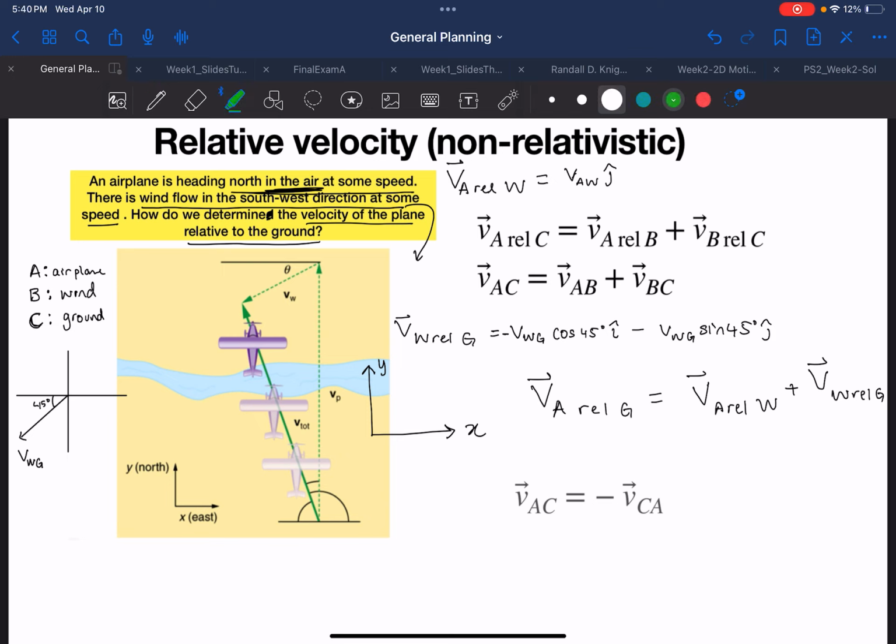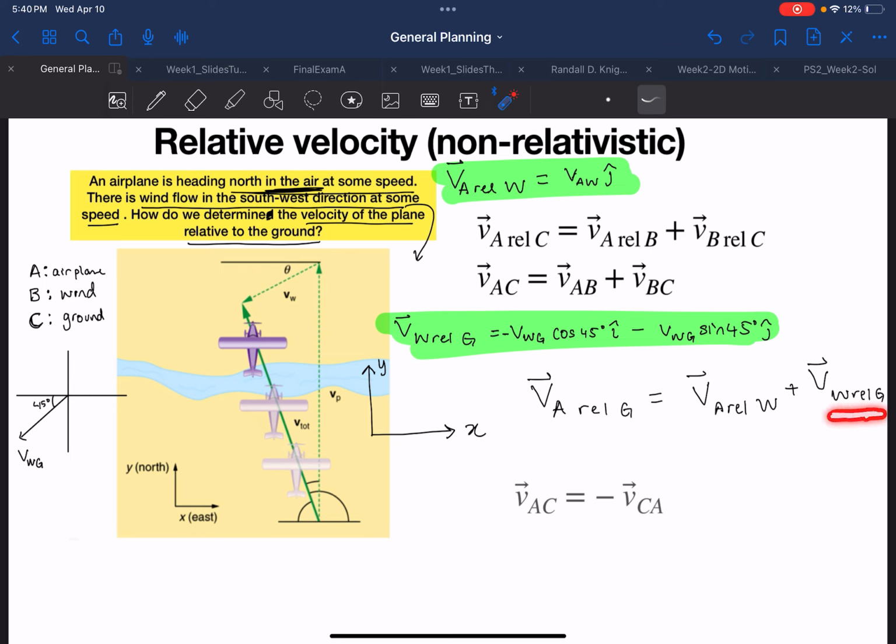I need to add this vector here, A relative to W, to this vector here, W relative to the ground. If I do this vector sum, I would get the velocity of the airplane relative to the ground.